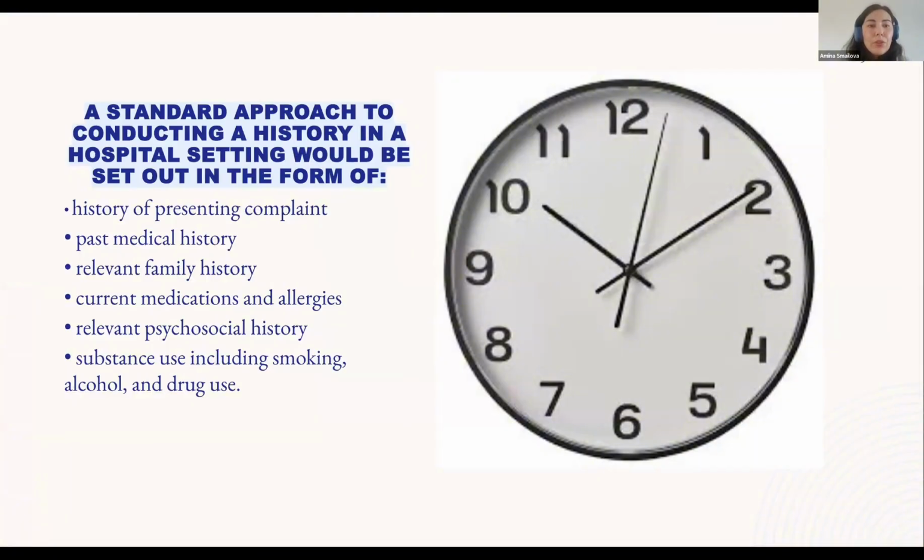A standard approach to conducting a history in a hospital setting would be set out in this order: history of presenting complaint, past medical history, relevant family history, current medications and allergies, relevant psychological history, substance use, including smoking, alcohol, and drug use.